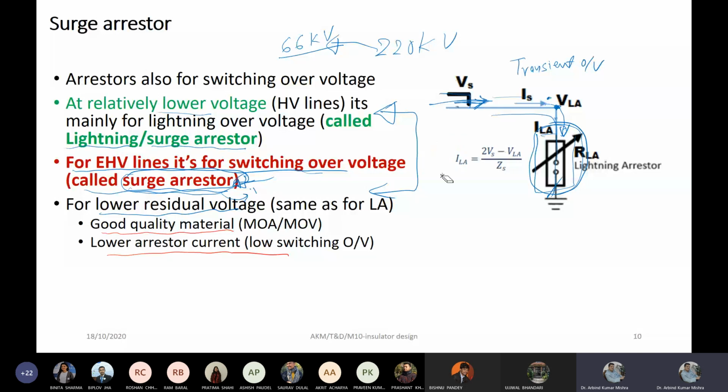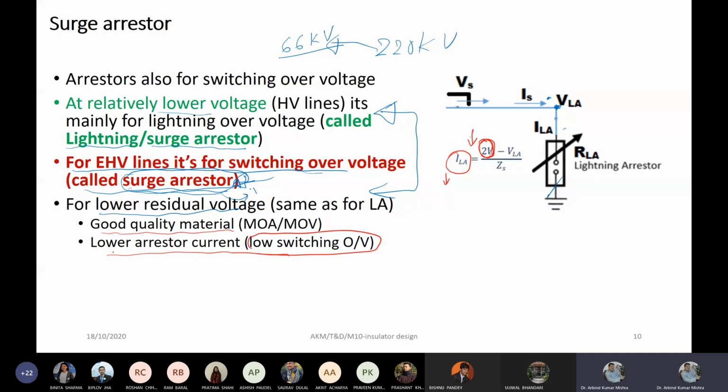As we discussed last time during lightning, one way is to minimize this voltage itself, and during lightning, the striking voltage could be minimized by lowering the tower footing resistance. Here, lowering this strike voltage means minimizing the switching over voltage itself.